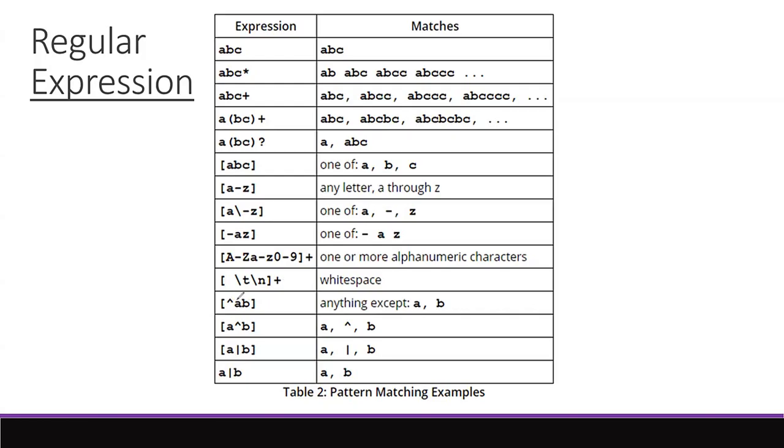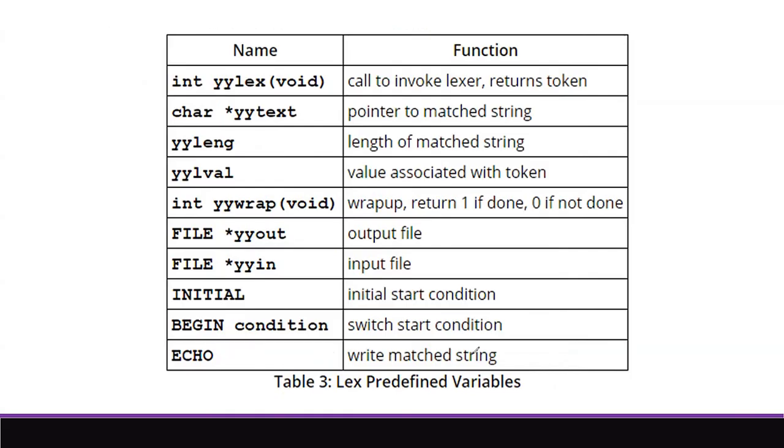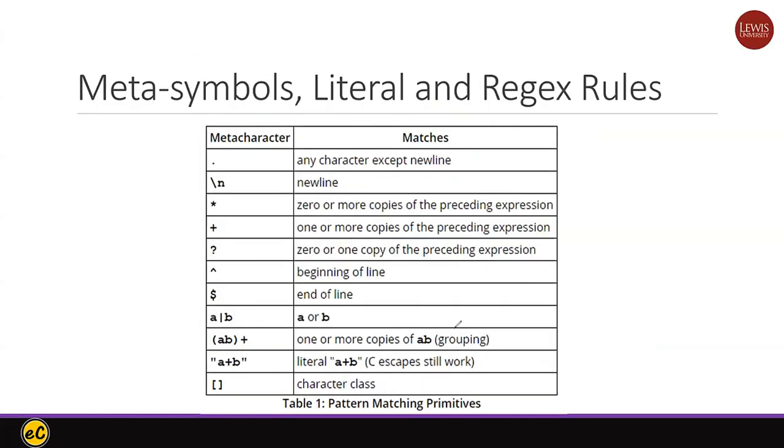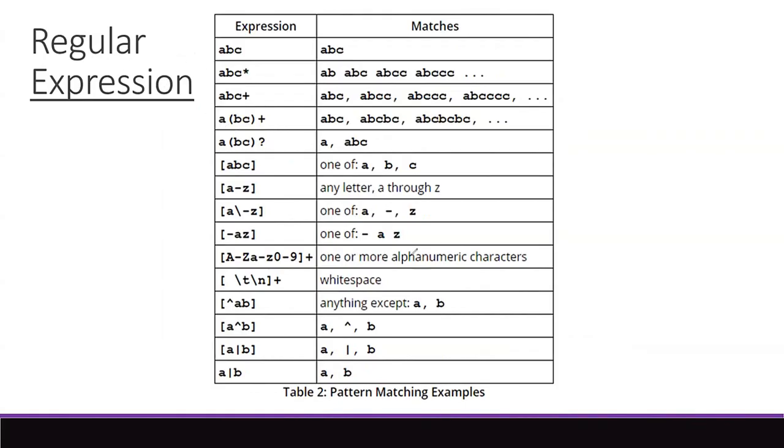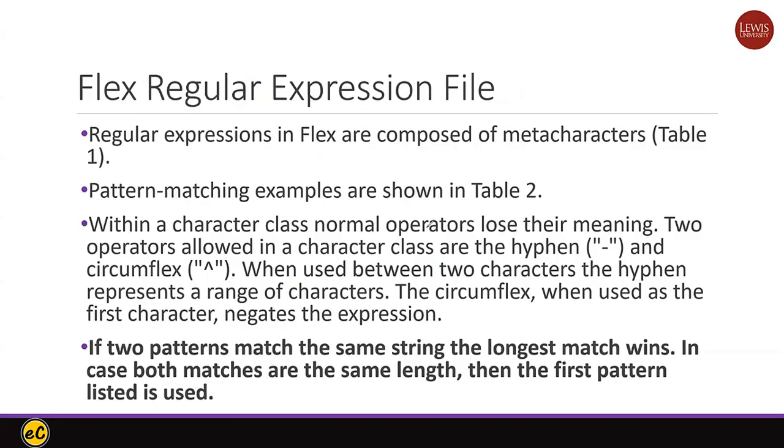Caret in brackets, caret AB, means accepting any character except A or B. A caret B means A followed by caret and B. A or B means A, vertical bar, and B. A vertical bar B means A or B. Okay, these are the so-called grammar for a regular expression that is used for the flex language.